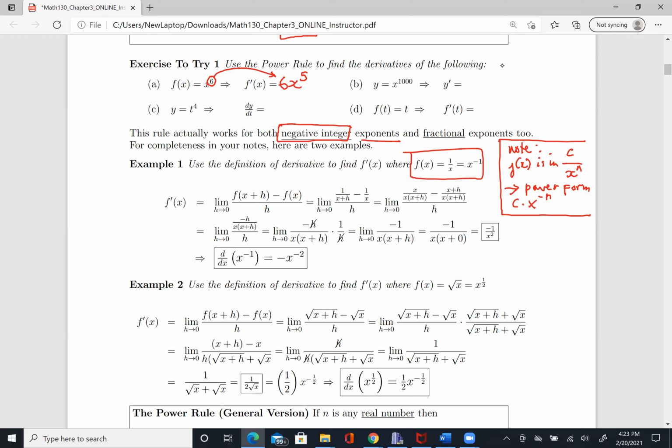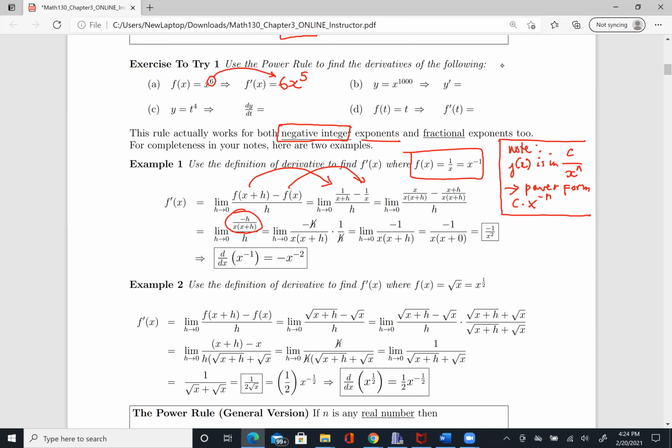If you apply the limit definition, f(x+h) becomes 1 over x plus h, and f(x) stays the same. If you do the LCD and combine the rational, you will get negative h over x times (x plus h), divided by h.